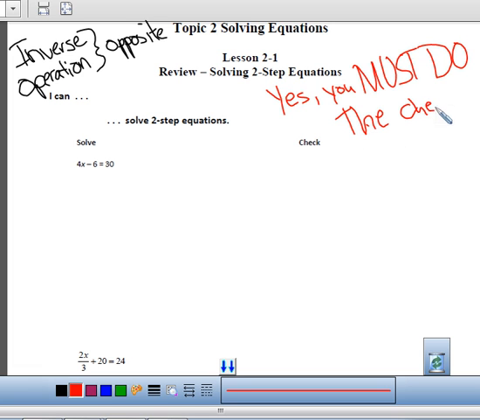Some of the assessment problems specifically say solve and check, or just do the check. If you don't do that, then you aren't doing the full task. You won't get full credit. By the way, I would think everyone would want to do the check anyway, because it's a nice way of knowing that you got the answer correct.